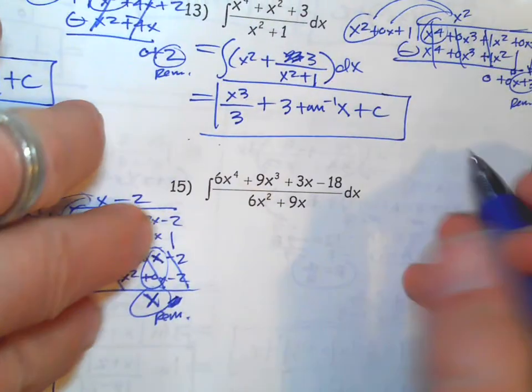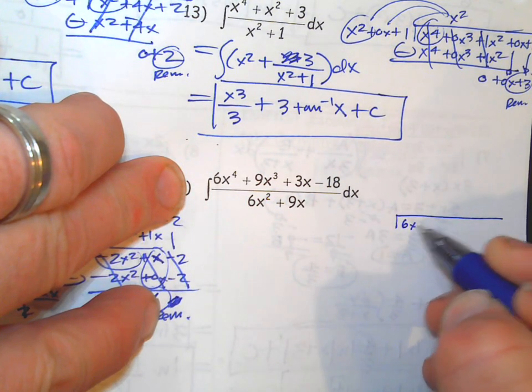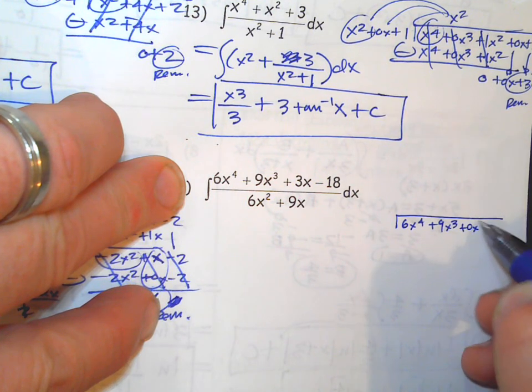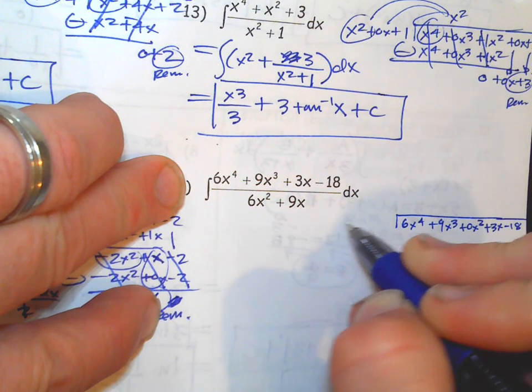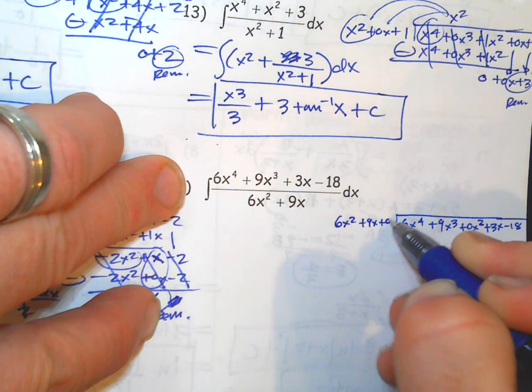Okay. One more. This is a big one. 6x to the 4th plus 9x cubed plus 0x squared plus 3x minus 18 over 6x squared plus 9x plus 0.